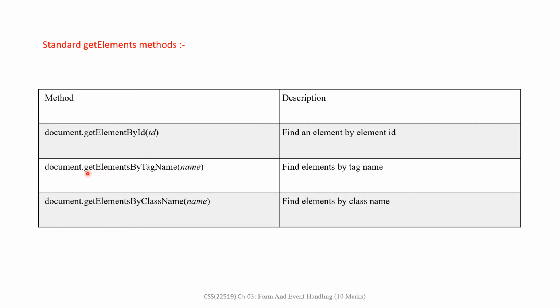Second is document.getElementsByTagName. It finds elements by tag name. There are different tags, list, bold, like this. Like the list tag, it finds the elements by the tag name. Then document.getElementsByClassName finds the elements by class name.